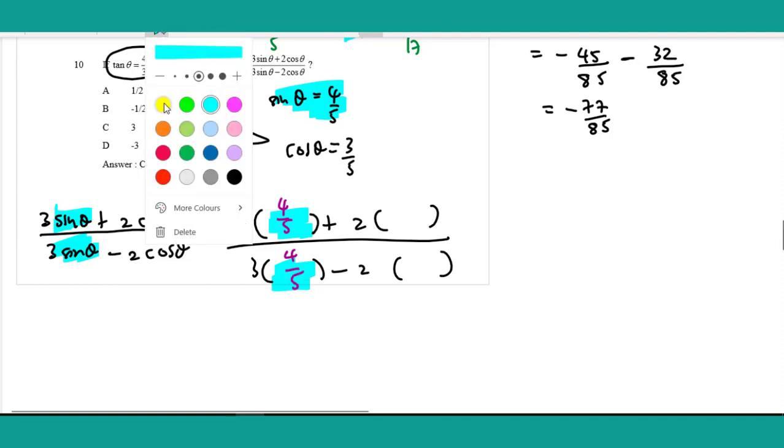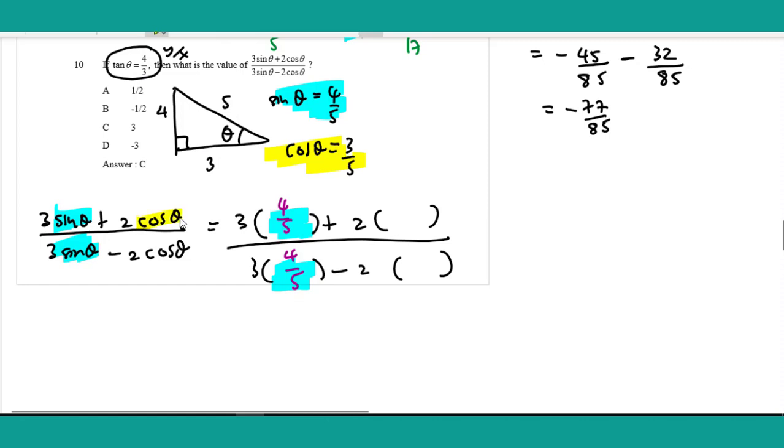Next step is cos. Substitute cos. Cos is equal to 3 over 5. Then simplify.